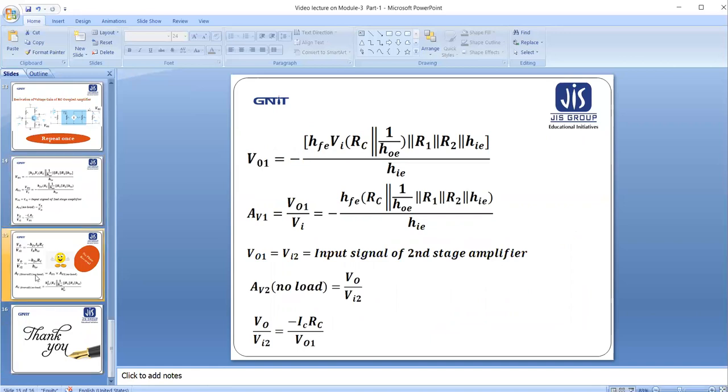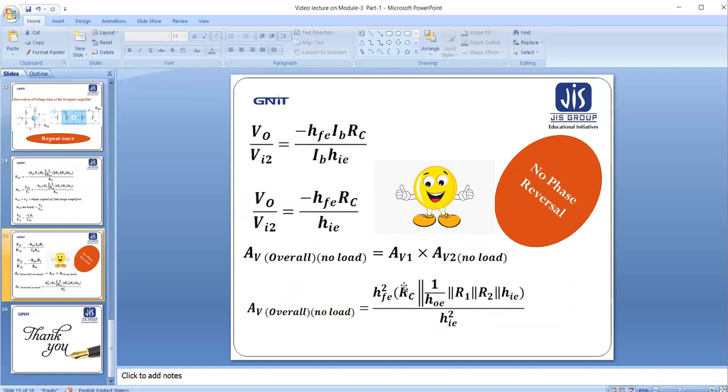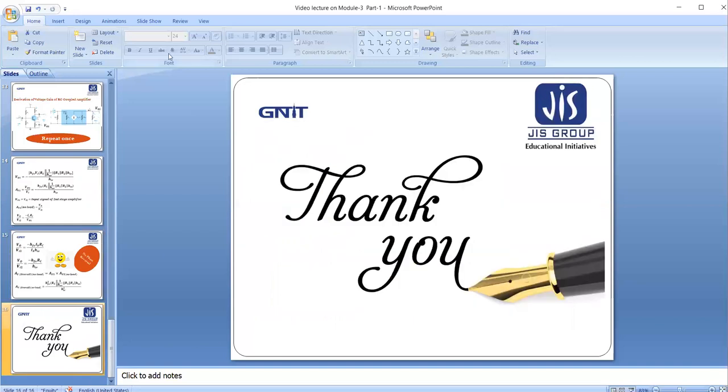So when we are looking at the end of the circuit and comparing with our actual input, we will see that there is no phase reversal. That means a total of 360 degree or 0 degree phase shift will occur. That means the signal will be in the same phase as the input signal. So thank you for listening to the lecture.